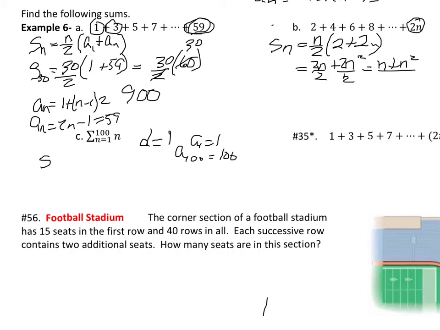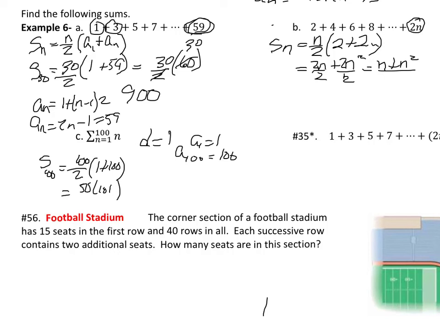We're ready to roll. So S sub 100 equals 100 over 2 times 1 plus 100, or I get 50 times 101. Now remember last section when we did those summations? We used a little different formula for that, but you can also see that these work for sequences.